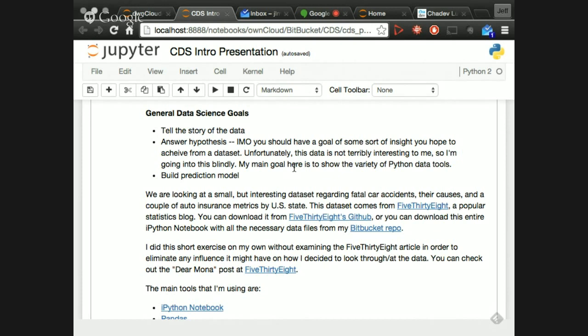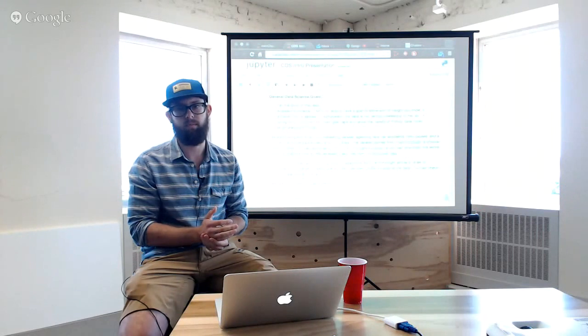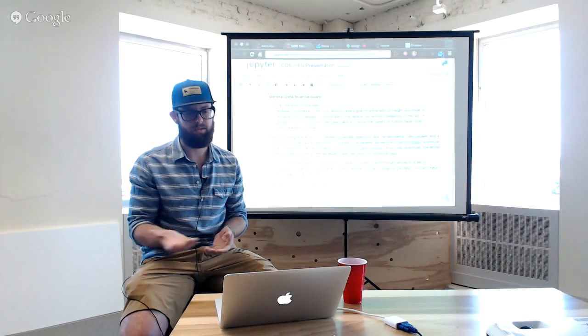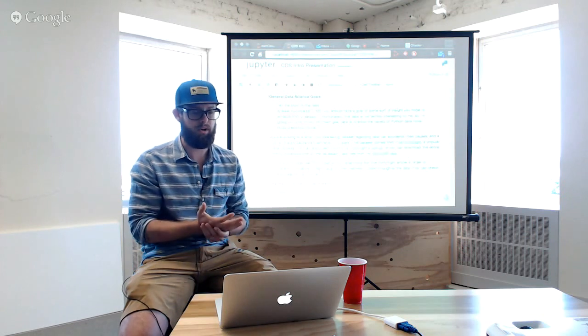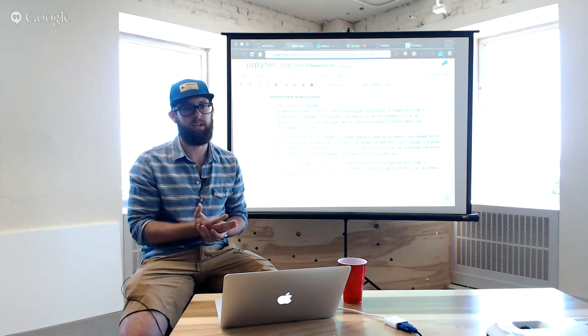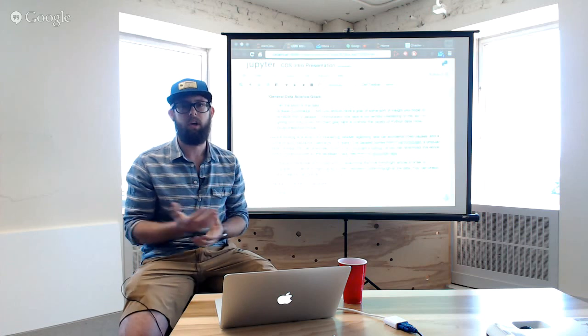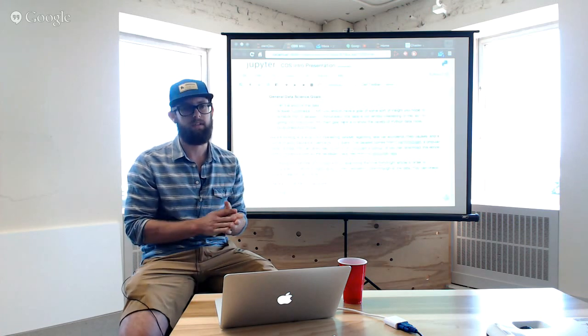But normally you want to do that because your boss says, hey, we have this data, we have this problem, we think there might be an answer there, but we don't know where. And then lastly, a big part of it may also be building a prediction model with machine learning or some sort of other statistical model, something like that.